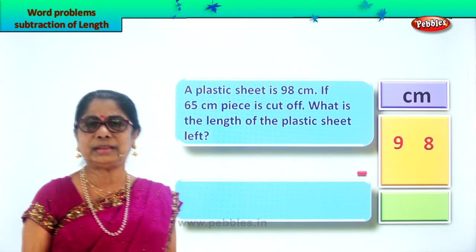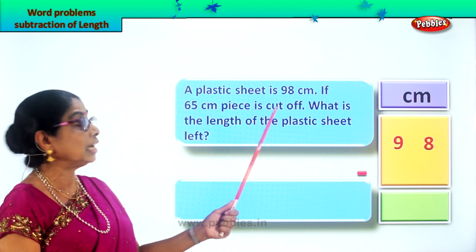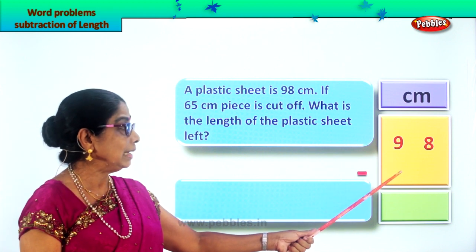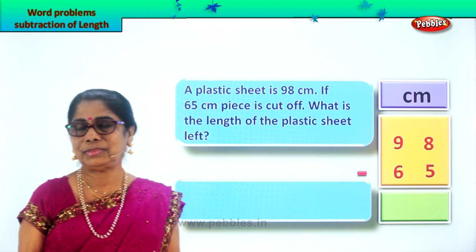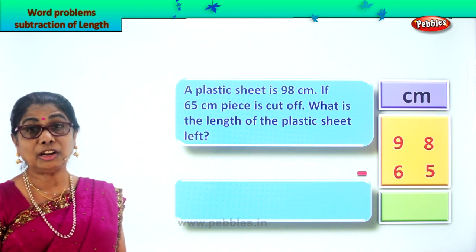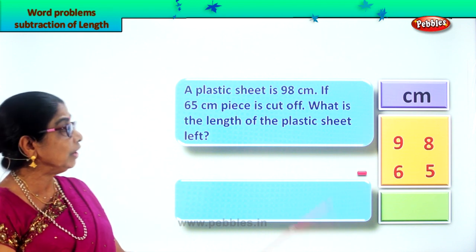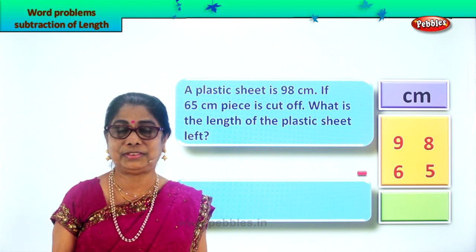So we write it down here. The length of the plastic sheet cut off, 65 centimeters. From the total length, we cut off 65. So minus 65. Now that will give you the answer, the length of the plastic sheet left.